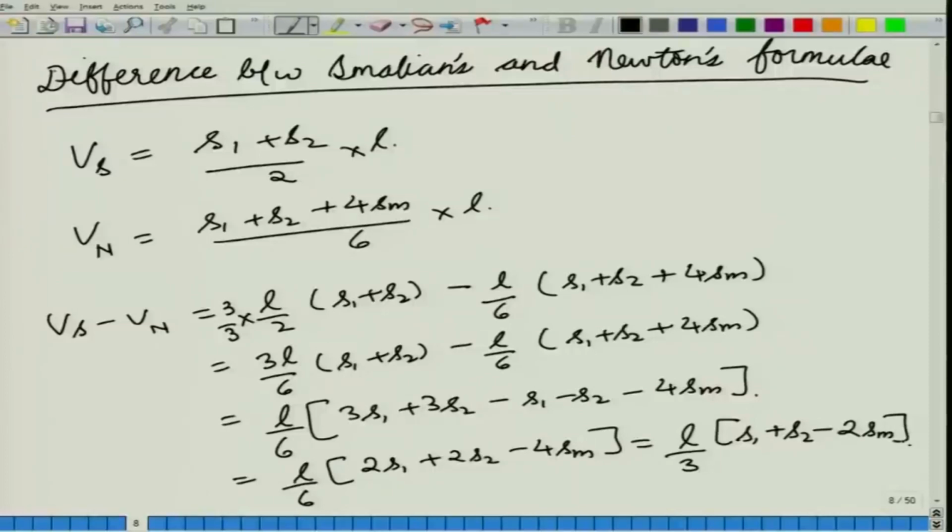So, this is the difference between Smalian's and Newton's formula.